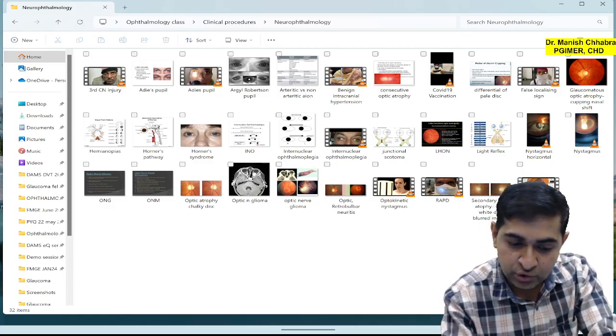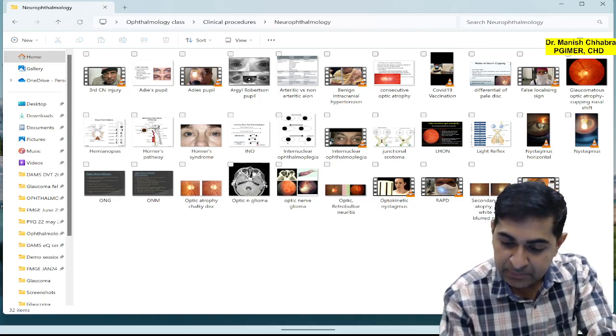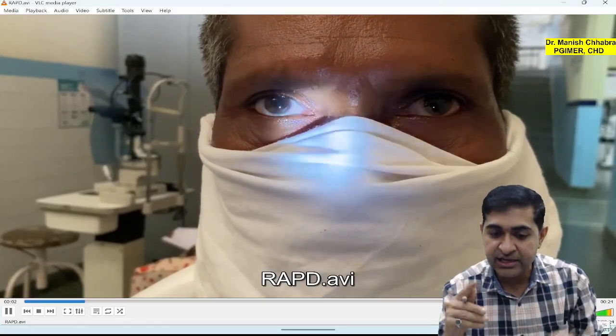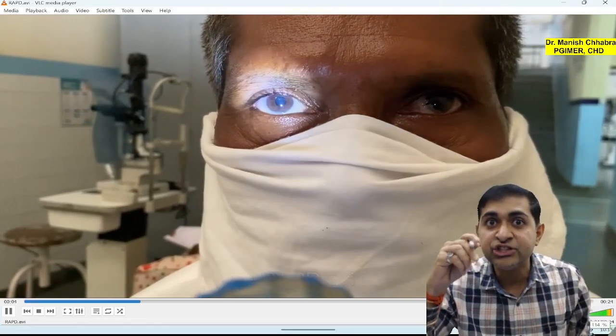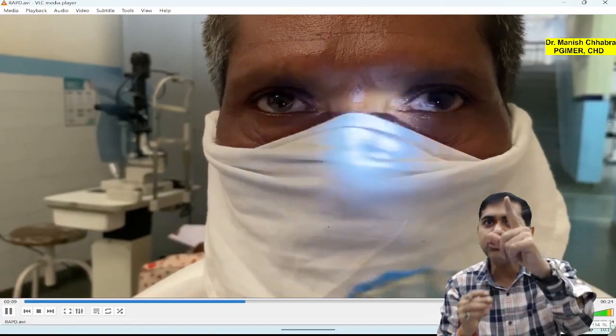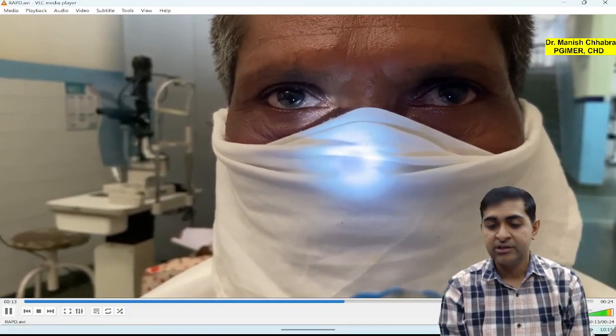So I am going to show you our dear patient of RAPD. Check this out. So I am shining the light to the right eye, constricted, but when I shift the light from the right eye to the left eye, both pupils are getting dilated. Can you tell me which nerve is involved?